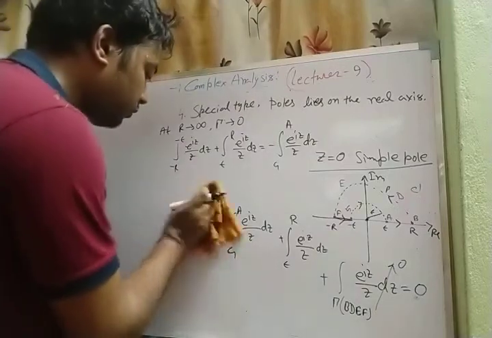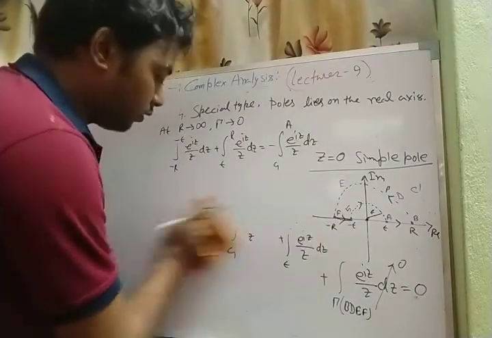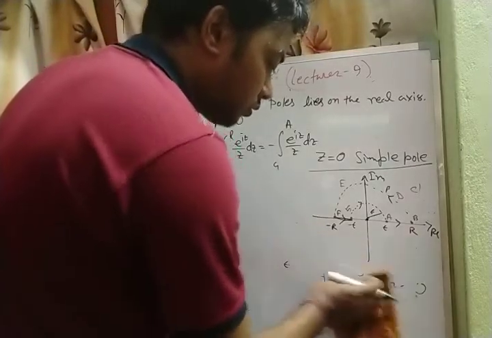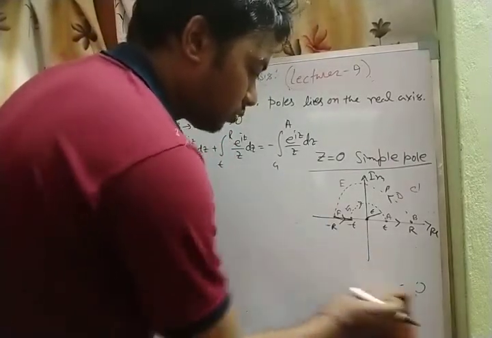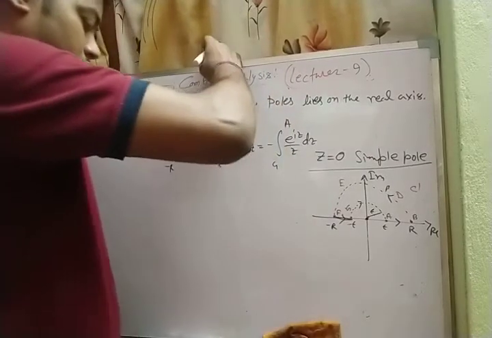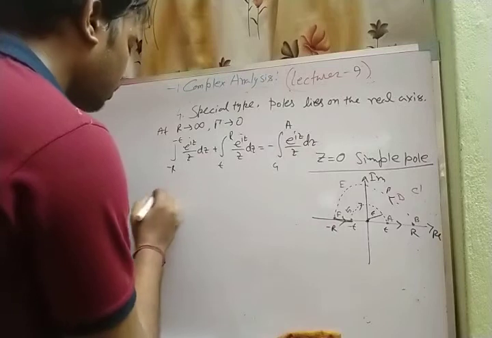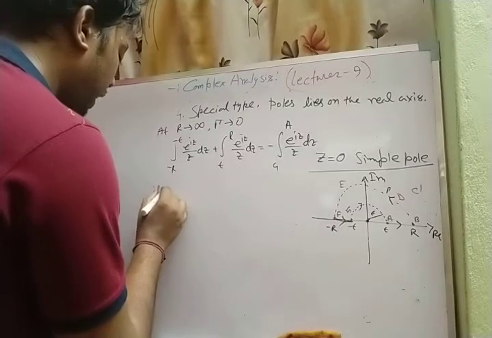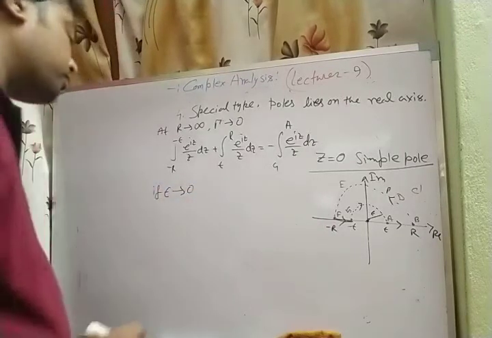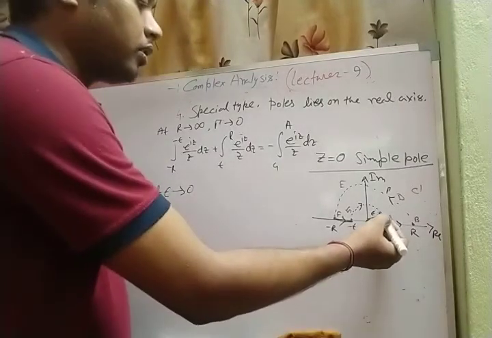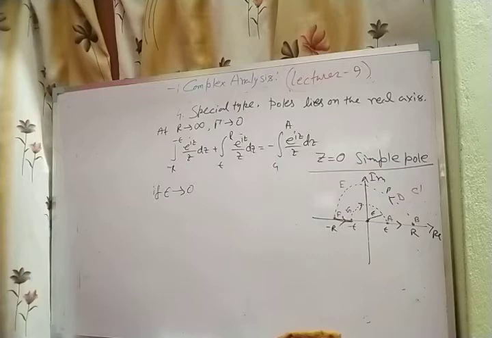In the next condition, if epsilon tends to 0, so we are shrinking the point towards the origin.